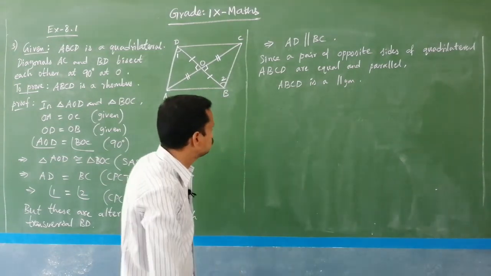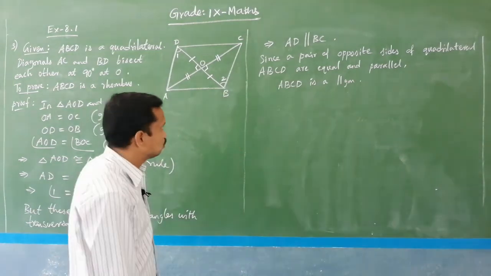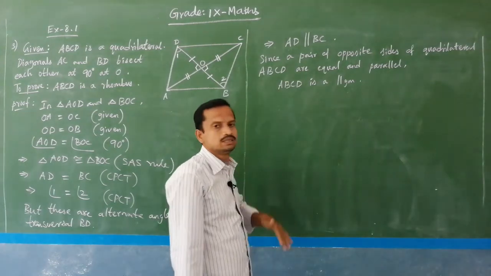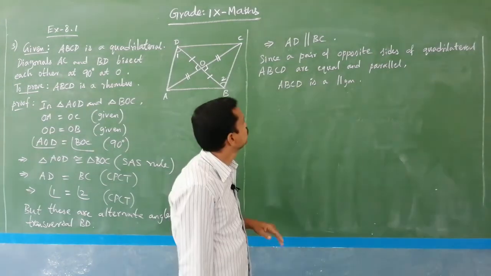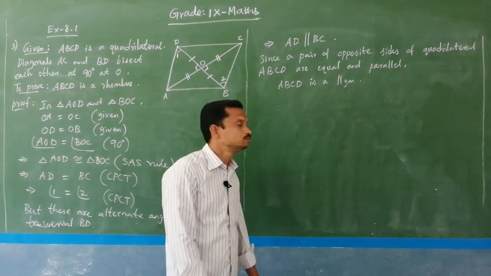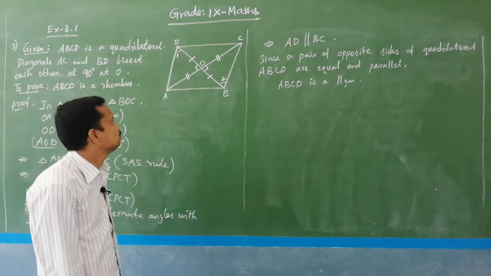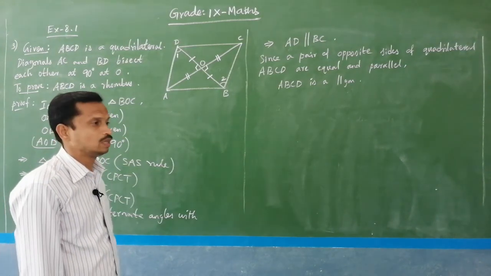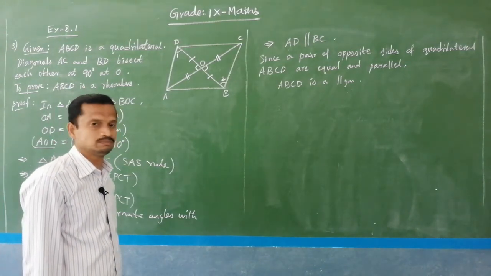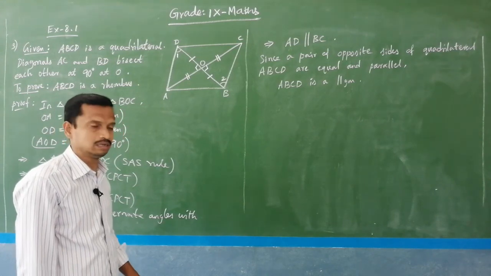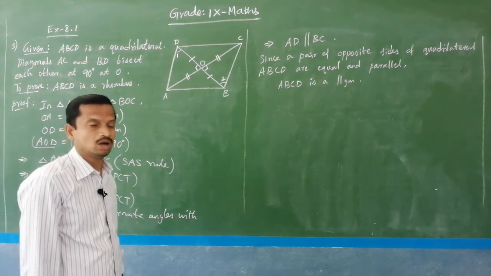We come to the conclusion that ABCD is a parallelogram. You know, this is the previous theorem 8.8 I have taught you. So, ABCD is a parallelogram now. So, after saying ABCD is a parallelogram, easily we can say ABCD is a rhombus, because if in a parallelogram the diagonals bisect each other at right angle, then definitely it becomes a rhombus.